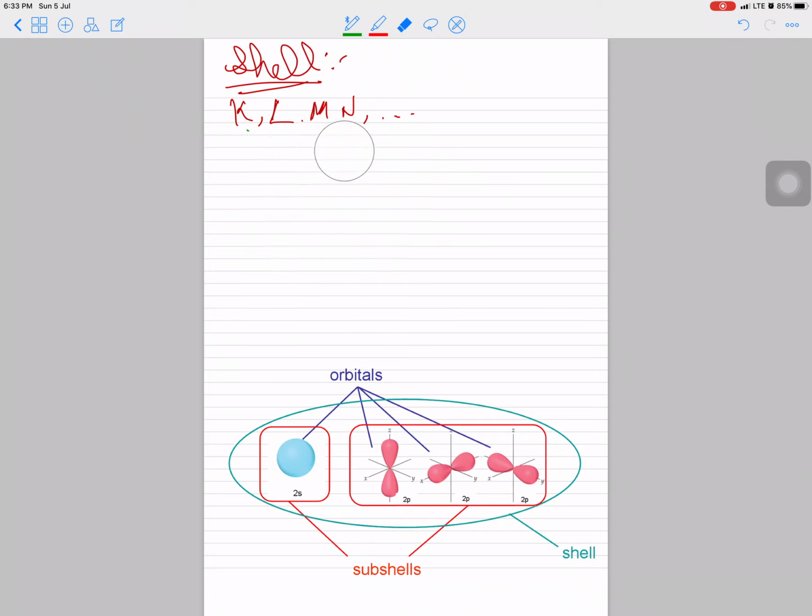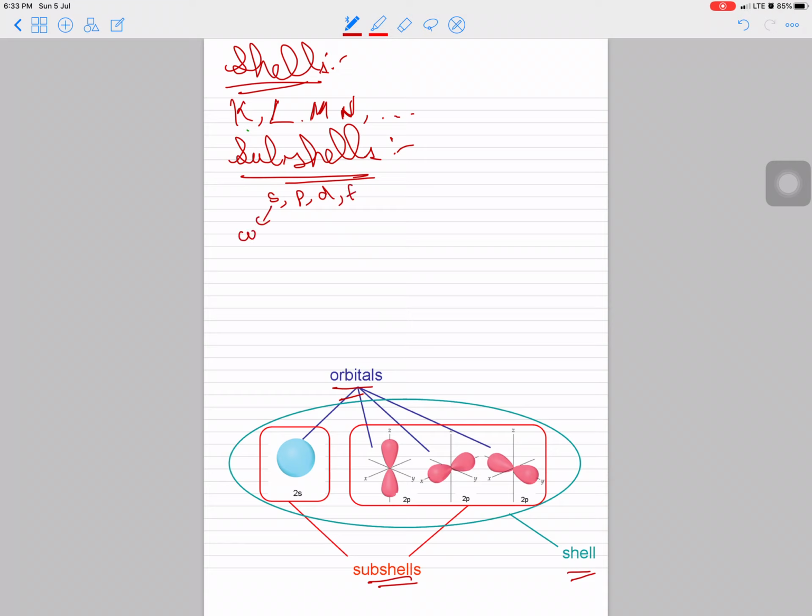Next we have what you call subshells. There are four types of subshells: you have s, you have p, you have d, and then you have f. Each one has a different shape.